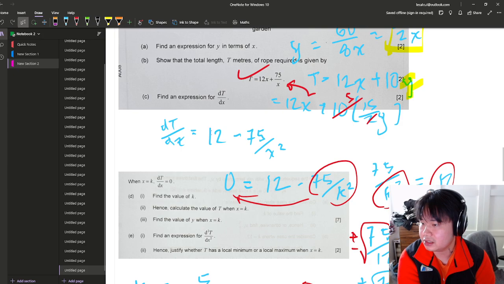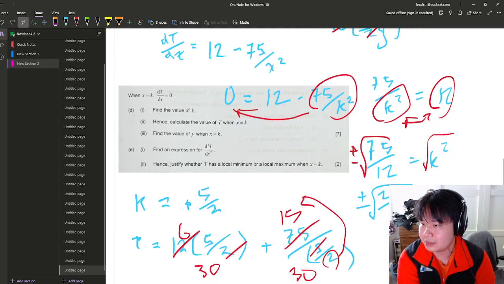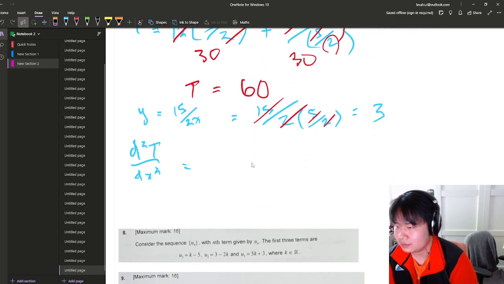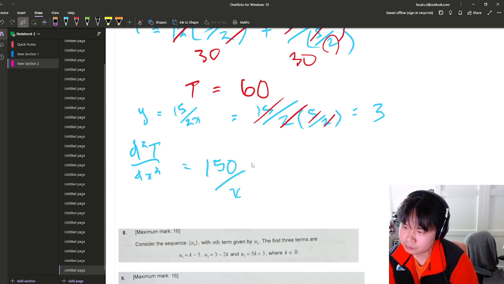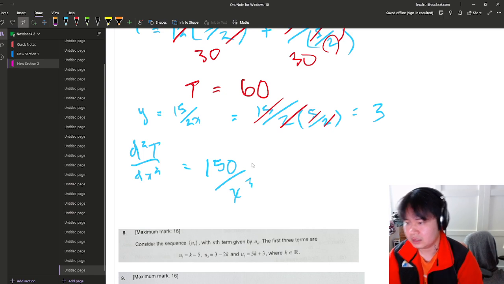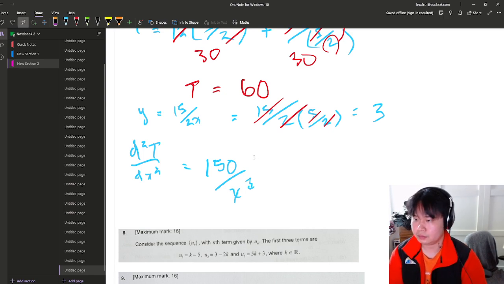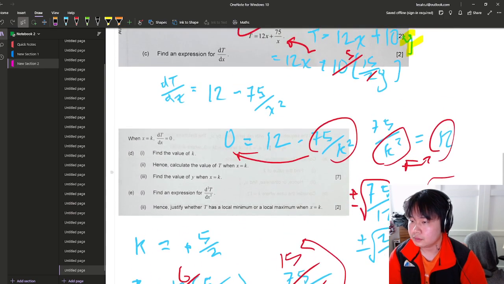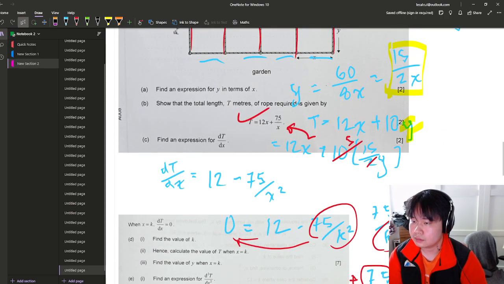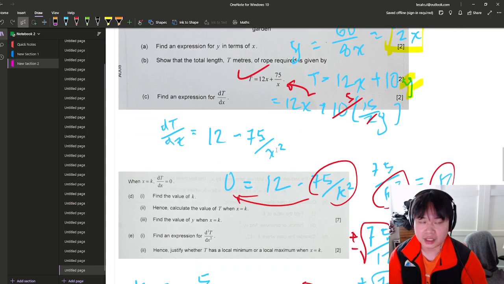Okay, so 12 goes away, and then this becomes something. 75 times 2, 150. Something like this. Yeah. Okay, take the negative 2 here, so it becomes positive. 150, 2 times 75, and then this becomes x cubed.